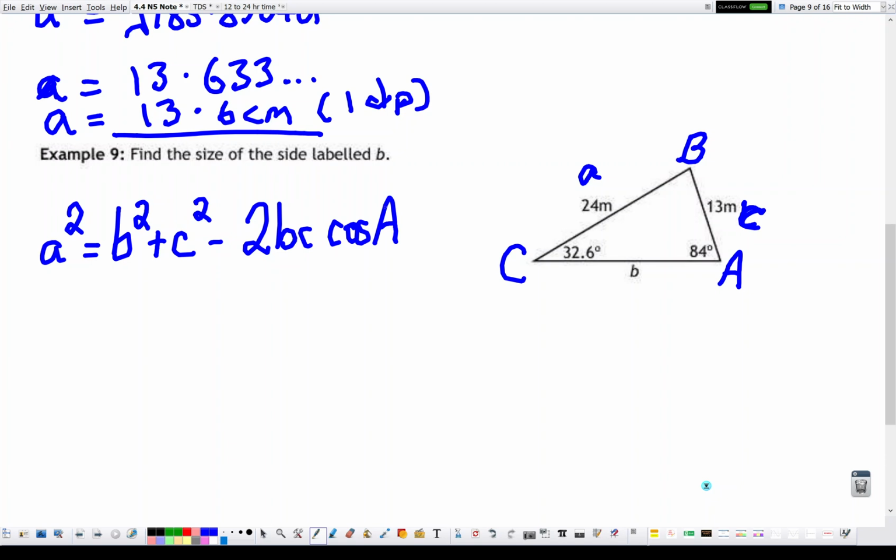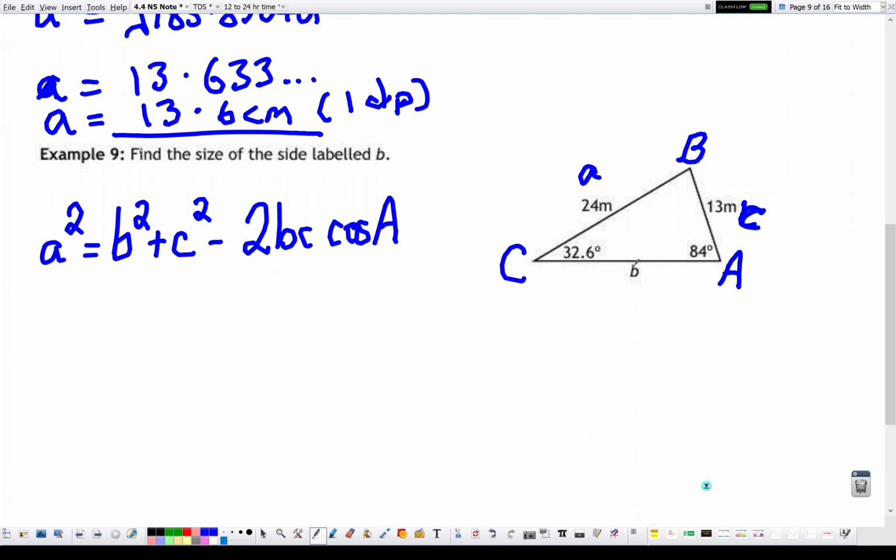Now, we have a slight problem here in that the side that we are looking for is not called A, but in our formula, the side that we're looking for is always called A. So we need to slightly rearrange, slightly relabel our labels here.